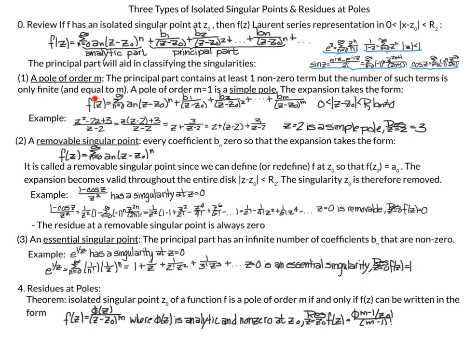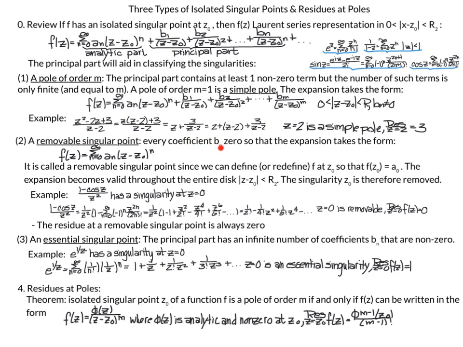When we have a pole of order m, our Laurent series looks like this. It has our analytic part, and then b1 over z minus z0 plus b2 over z minus z0 squared up to bm over z minus z0 raised to the m. And we have our first example. We talked about a removable singular point.